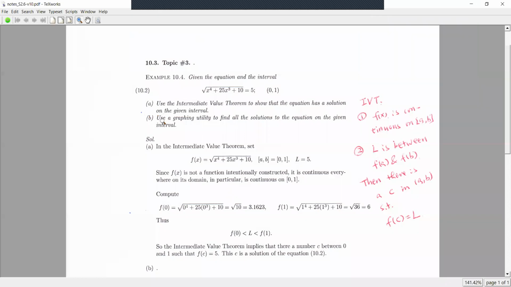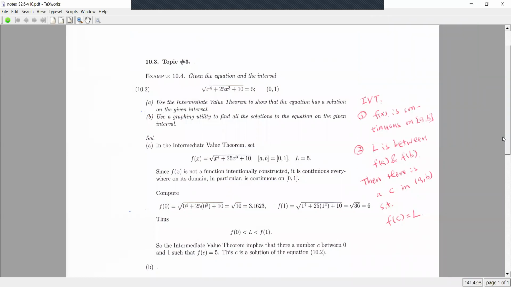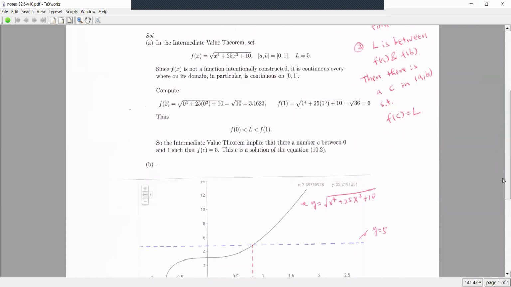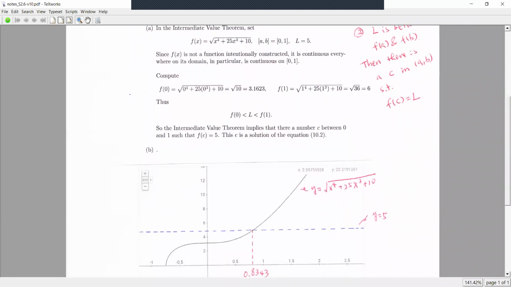Part B. I use my computer to plot the graph of function f. This curve is the graph of function f. This horizontal line is the horizontal line at 5.